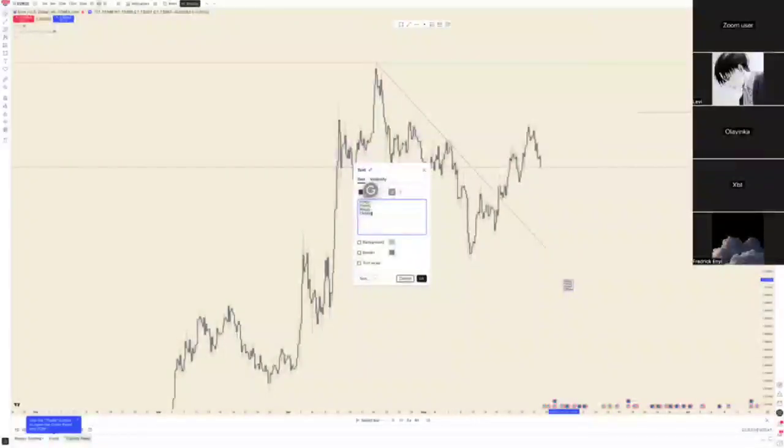Then we have trend line liquidity, field ranges, range liquidity, and draw on liquidity. These are the major or basic ideas of liquidity I can give you as a function.